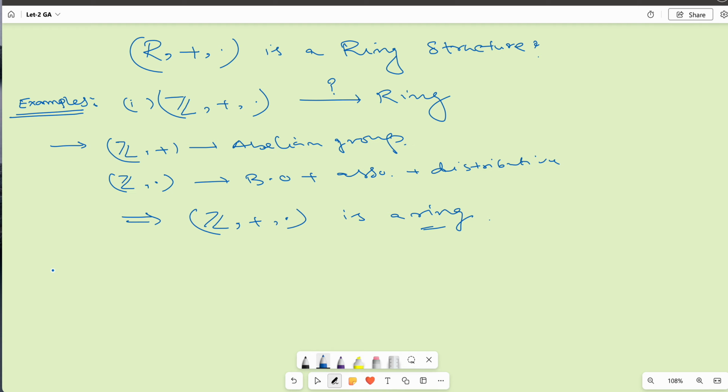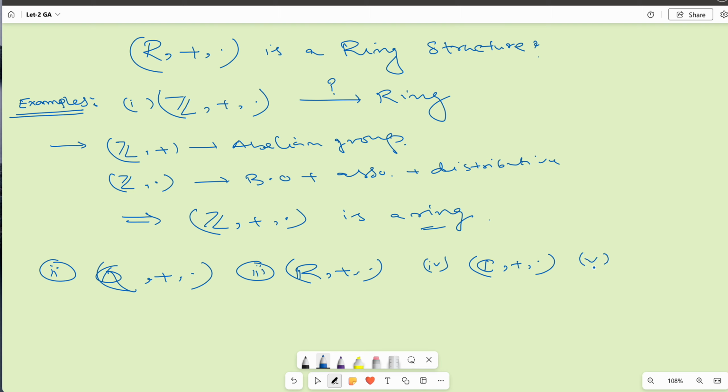The second example you should consider, Q, plus, dot. You just verify all of these are rings. Whatever I am writing, you have to verify that. Okay, so R, plus, dot is a ring. Example 4, C, plus, dot is a ring.